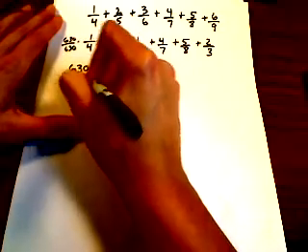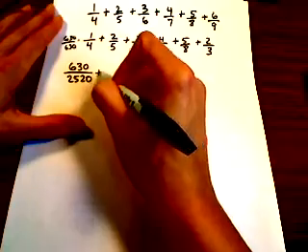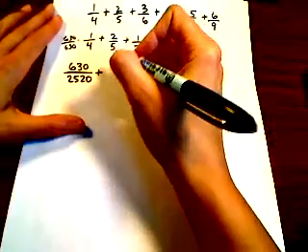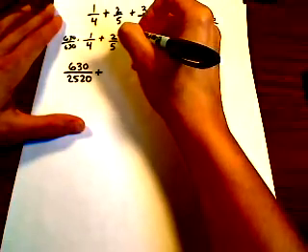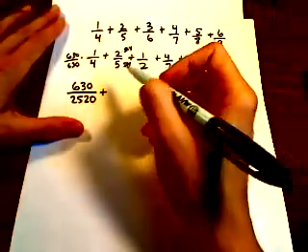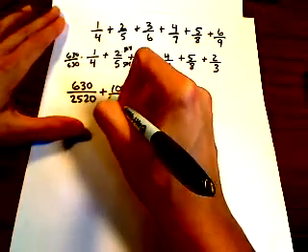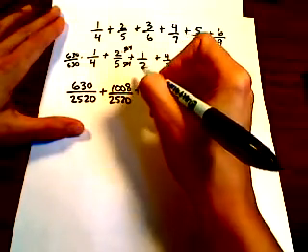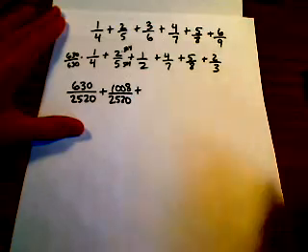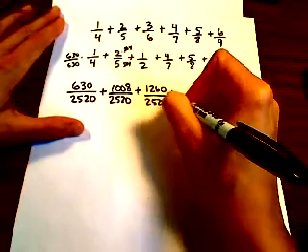That becomes 630 over 2520, plus 2520 divided by 5 is 504, so I'm multiplying this one by 504 over 504. 504 times 2 gives 1008 over 2520. This is going to be 2520 divided by 2, which is 1260 over 2520.